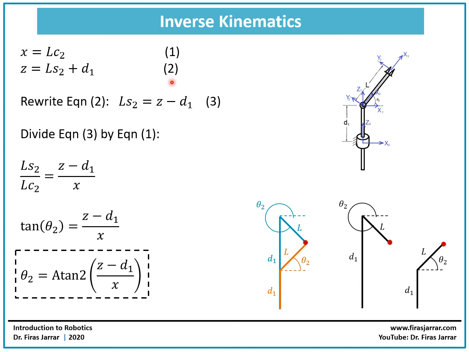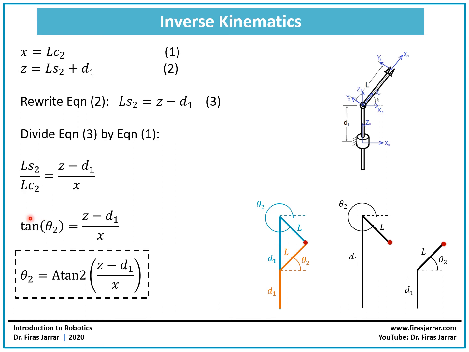The second equation can be written as L sine theta 2 equals z minus d1. d1 is a known value now. And if you take equation 3 divided by equation 1, we will have L sine theta 2 over L cosine theta 2 equal to z minus d1 over x, and L will cancel out with the L.